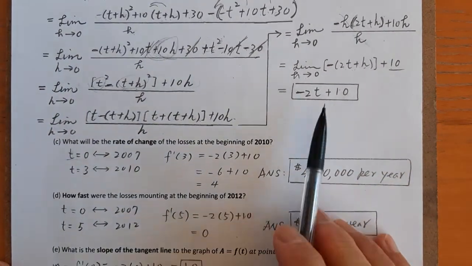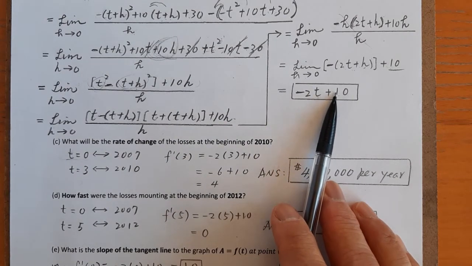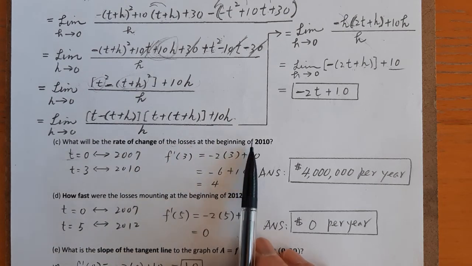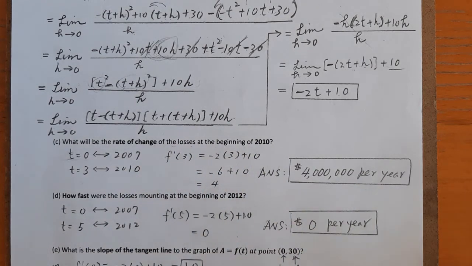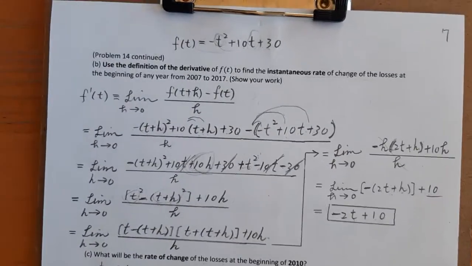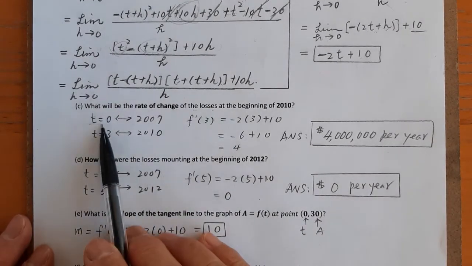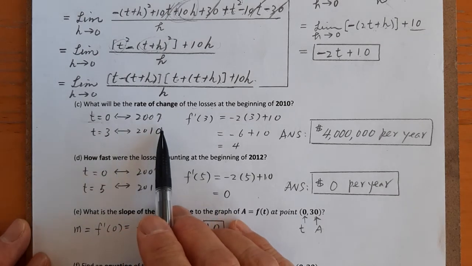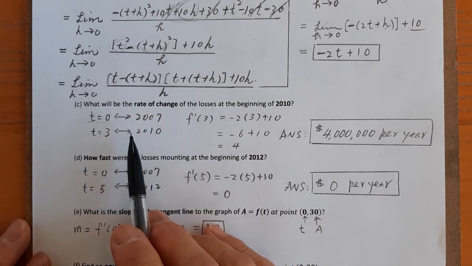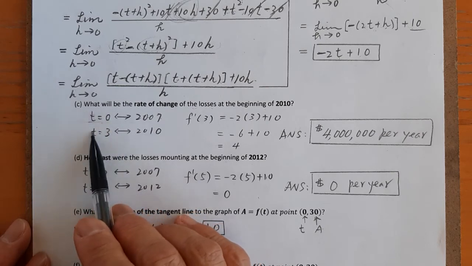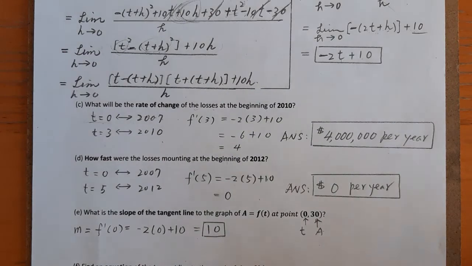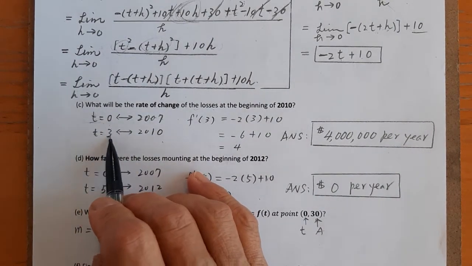And for the following, use this to figure it out. C. What will be the rate of change of losses at the beginning of 2010? So you have to figure out, for 2010, t equals what? Since t equals 0 is 2007, 2007 to 2010 is 3 years. 2010 minus 2007 is 3, so 0 plus 3, we get t equals 3.